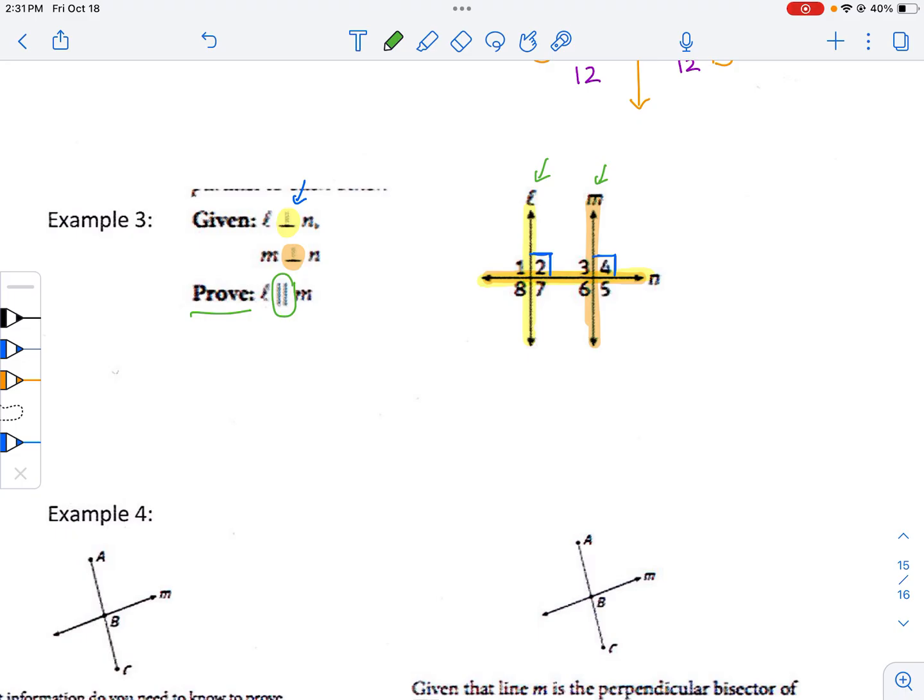Okay, and you can start with a lot of different things. I'm going to start with the fact that angle 2 is going to be congruent to angle 4 because they are both right angles since the lines were perpendicular.